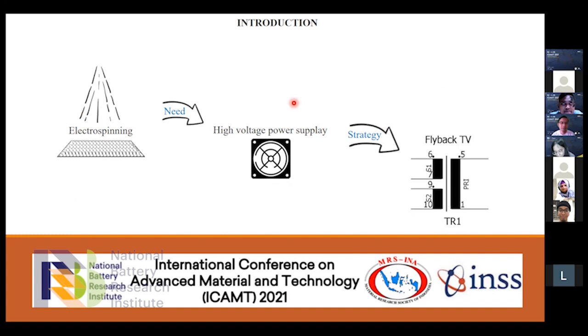The electrospinning tools, when used to produce nanofibers, need a high voltage power supply, and we have to know that the flyback method in circuit strategy can become the core strategy of the high voltage power supply.